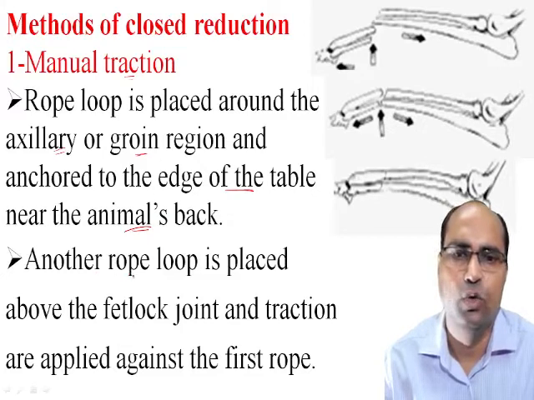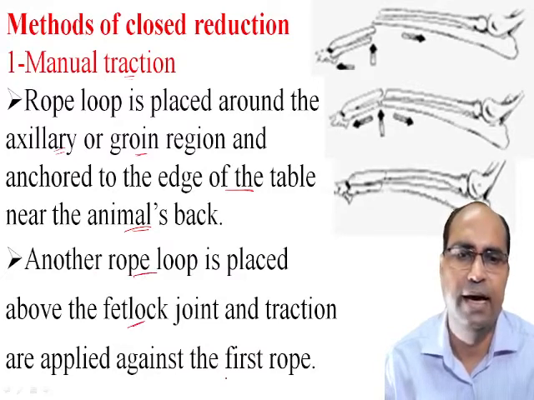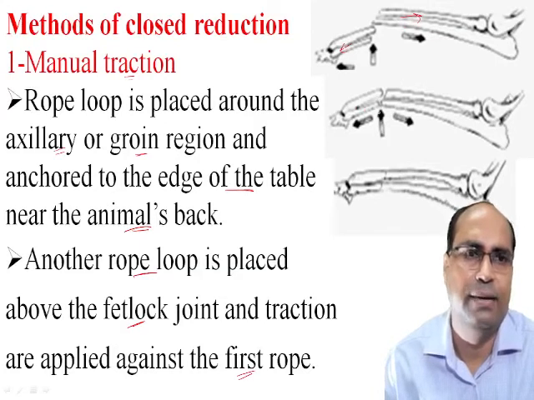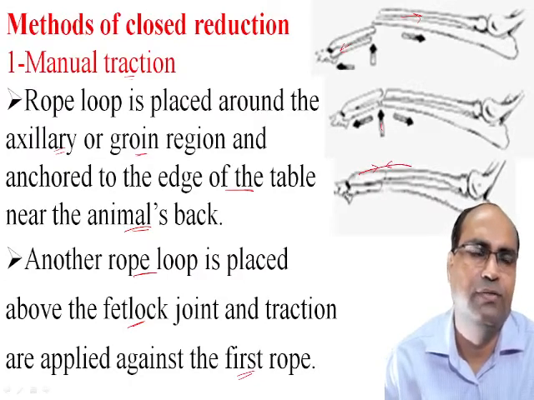Another rope loop is placed above the fetlock joint and traction is applied against the first rope. In this, one force is in this direction, another force is in this direction, and this creates the gap. After creating this gap, we try to achieve anatomical alignment of the fractured bone.